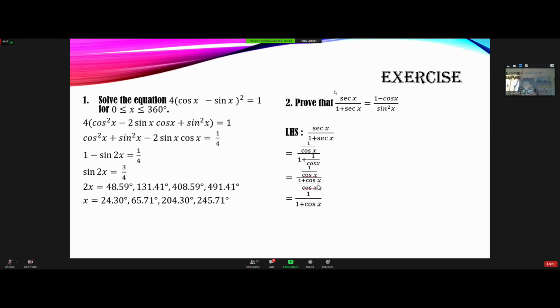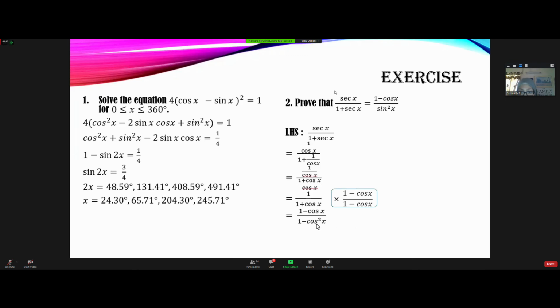But still, I did not get the right hand side. To make sine squared x, I have to think of 1 minus cos squared x, right? So what should I do? I multiply up and down with 1 minus cos x, so the numerator and the denominator both get 1 minus cos x.